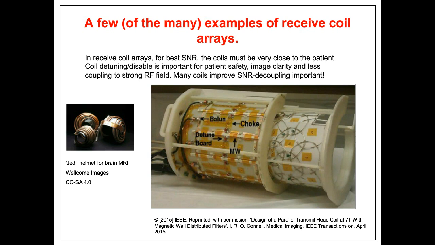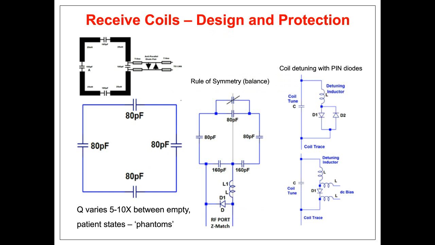So there's a lot of coil detuning and decoupling on both the transmit and the receive side that has to be done to prevent a number of things from happening. One of which is that you could certainly burn out an LNA, but two, those receive coils can heat up significantly, and if you have the patient in close proximity to those, there actually could be a burn. But fortunately, there have been a number of ways to design these receive coils to, again, use PIN diodes to do this automated detuning.